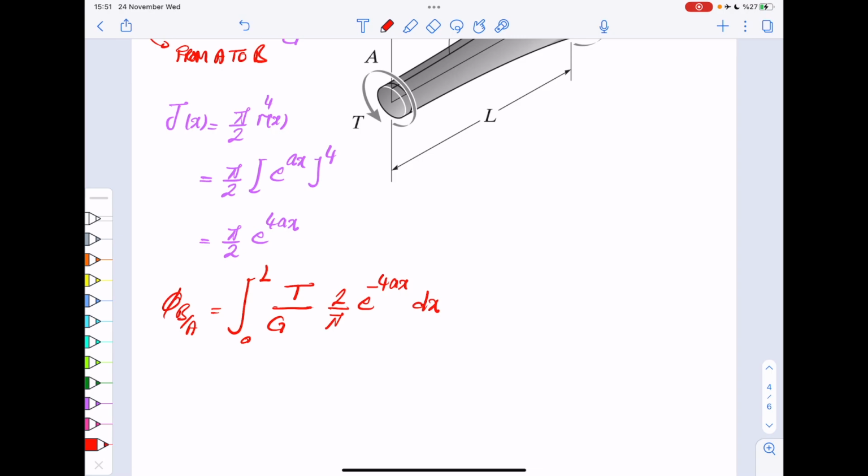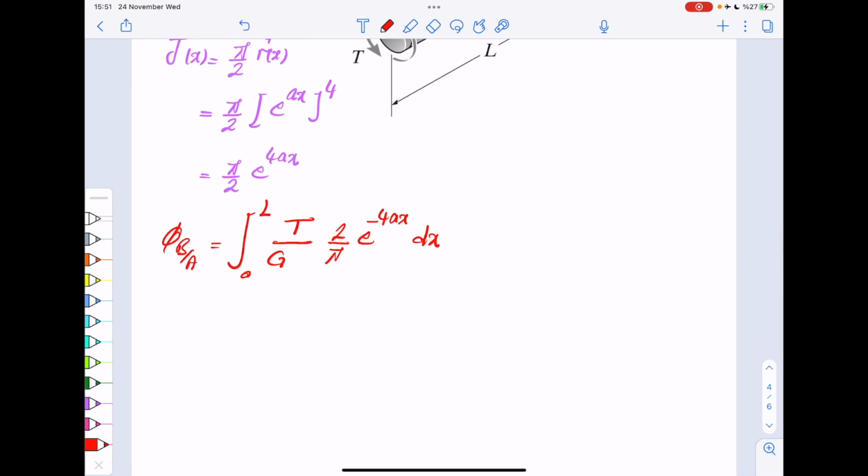Instead of J being in the denominator, I can write it like this. Now, these are constants. They come out. You would have 2 times T divided by pi G, integral from 0 to L of e to the power -4ax dx.